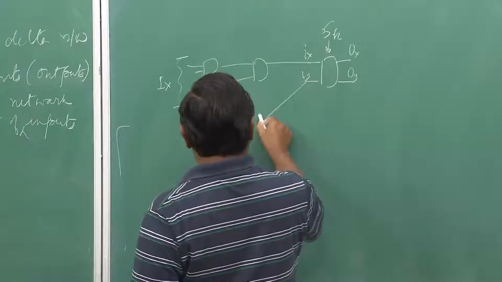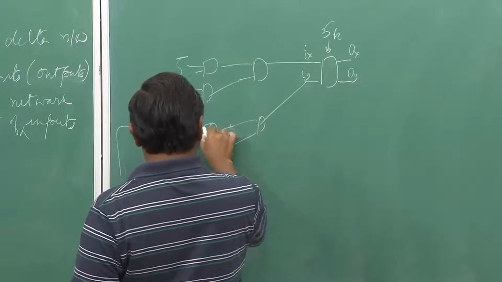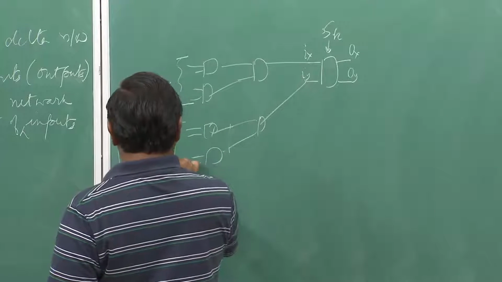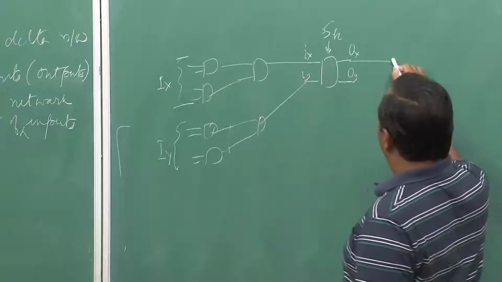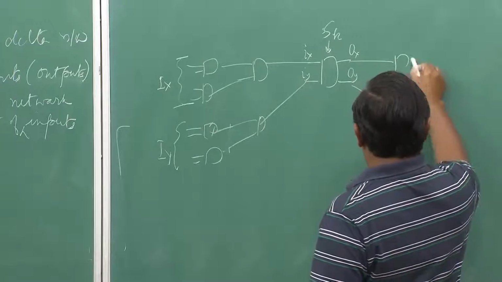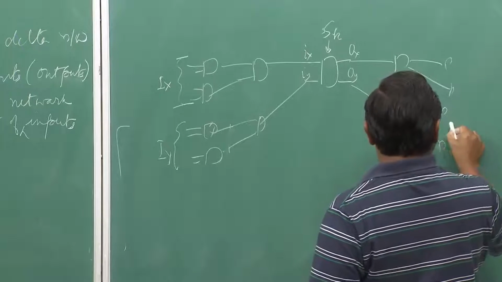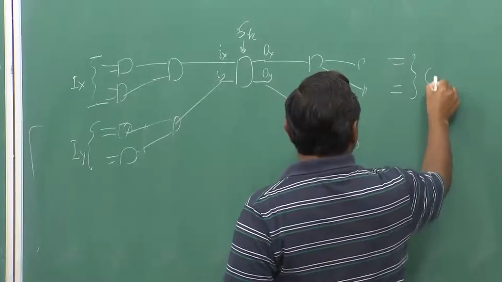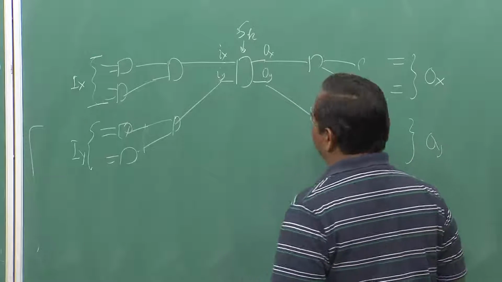The second input will also be connecting to multiple switches. So, this set of inputs I define as Iy. Similarly, when I look at this, this is connecting to some switches, which must be further connecting to some switches and so on. So, ultimately I will have at some place the outputs I call O of x and some outputs I call O of y.